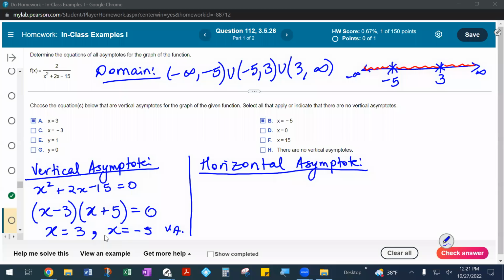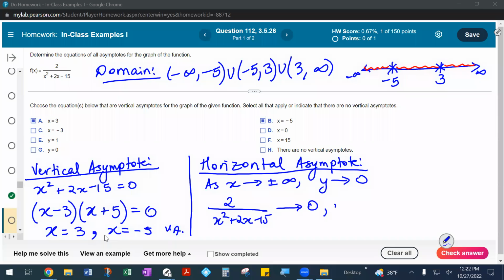You have 2 on the top and then your x squared plus 2x minus 15 on the bottom. What kind of horizontal asymptote will we have here? 0. Yeah, because as x goes to positive or negative infinity, your y will go to 0, because you have 2 on the top and all the x values are on the bottom.